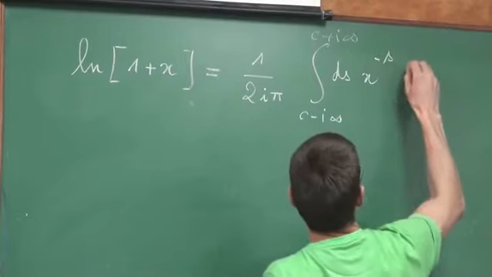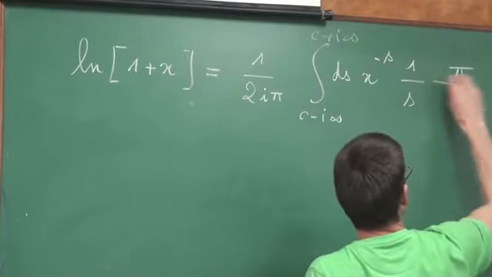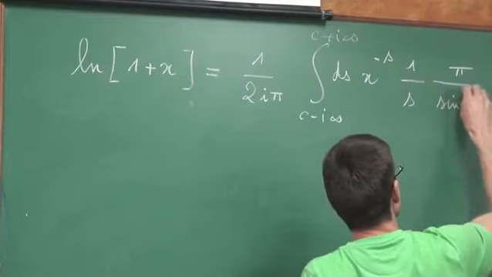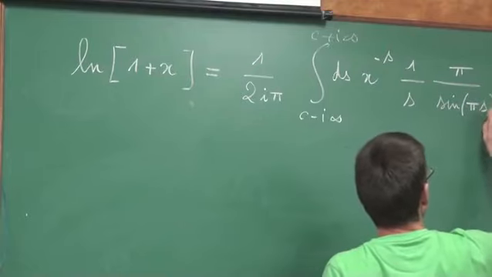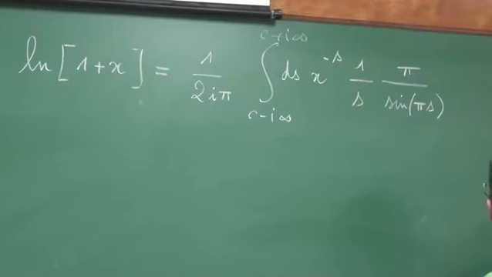Power minus s, 1 over s, pi over sine pi s. This is true if C, which is in fact the real part of s, is in the range -1, 0.